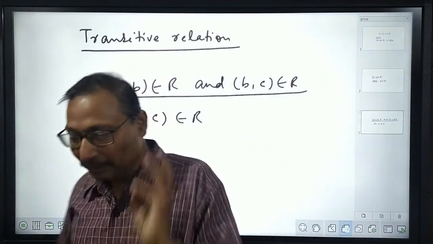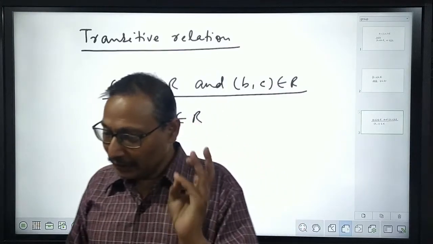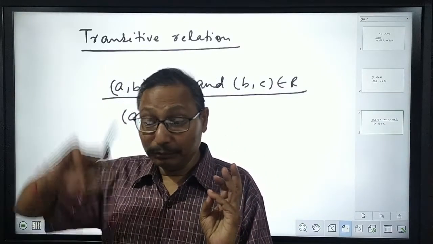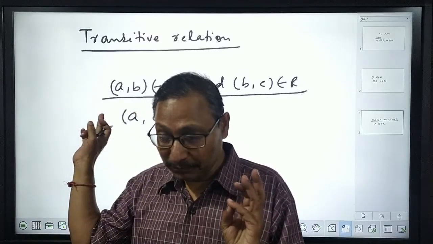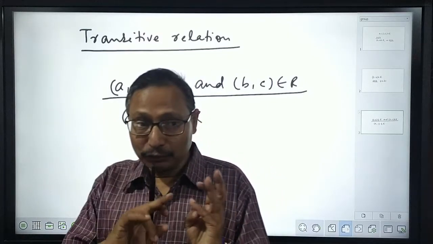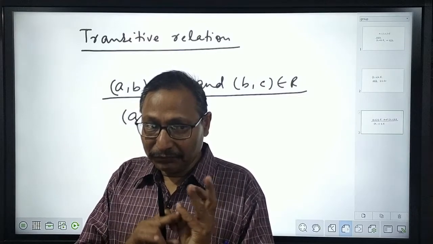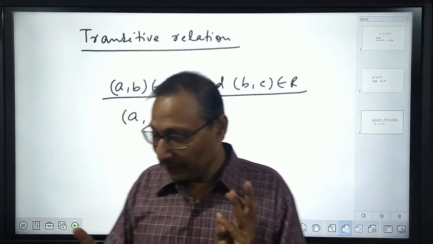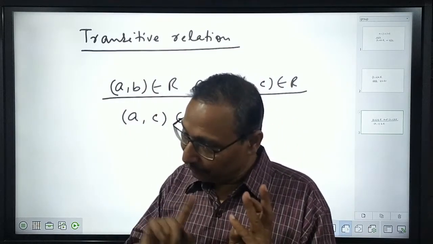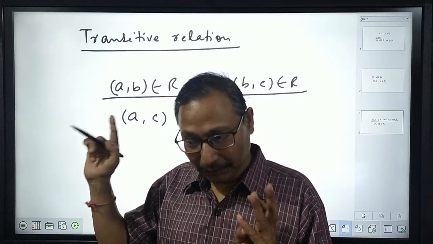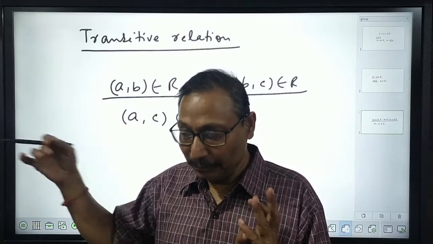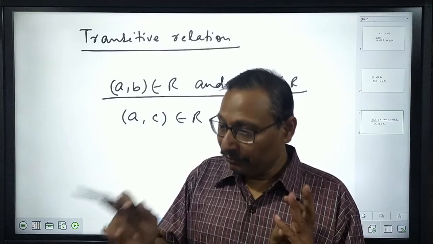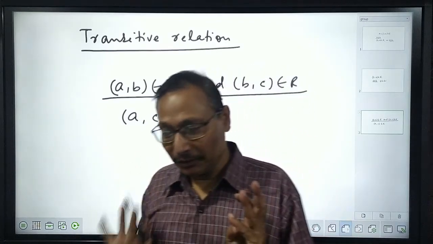If it happens, then we say that the relation is transitive. Again, I am repeating. To check reflexivity, we take an element from the set over which this relation is defined. To check symmetricity, we take one pair from the given relation, as for example, (A, B) belongs to R, and then we check whether (B, A) belongs to R or not.